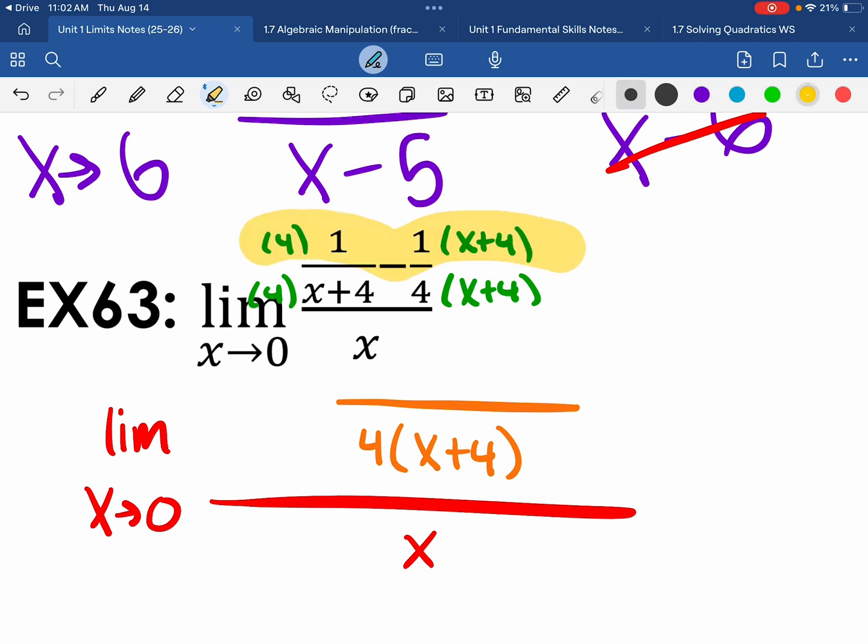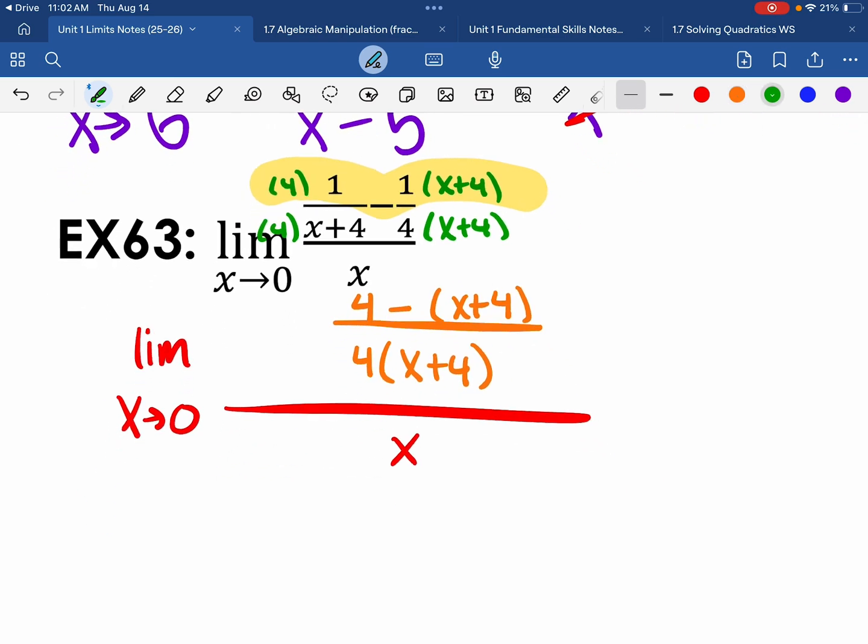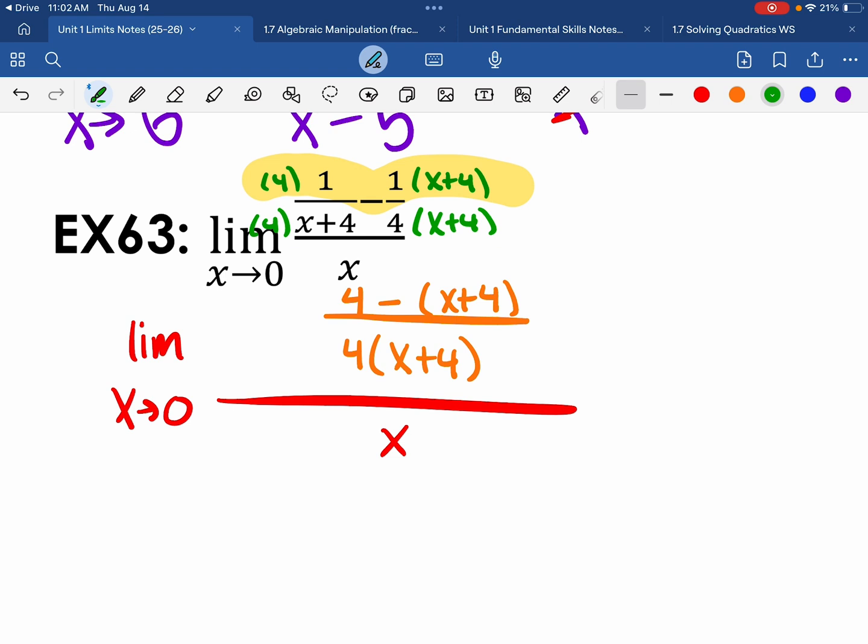The top part, the 4 minus x plus 4, we write that all on top. So 4 minus, and then in parentheses, x plus 4, which if you can do that step in your head and skip that step, that's fine. All right, after you write the two fractions together on top, we are going to keep, change, flip.